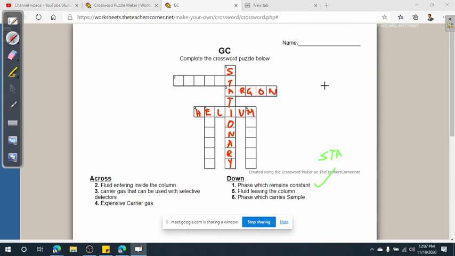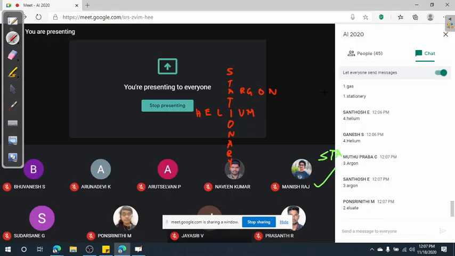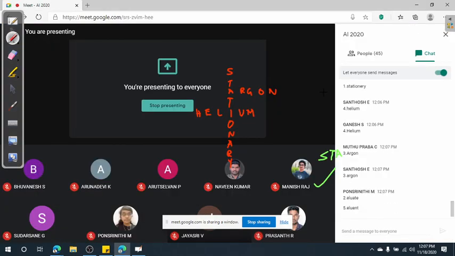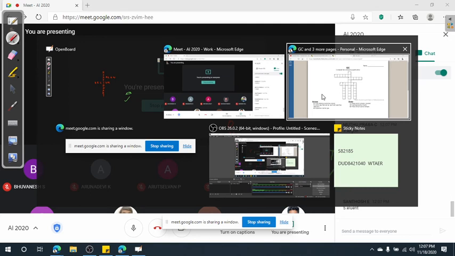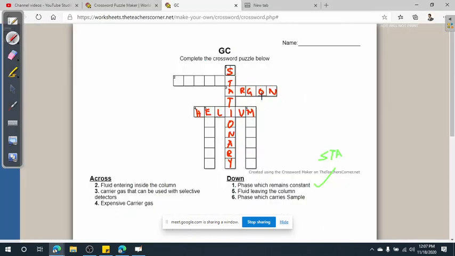So what is 2, 5 and 6? Two is the fluid entering the column. Good, it is eluent.